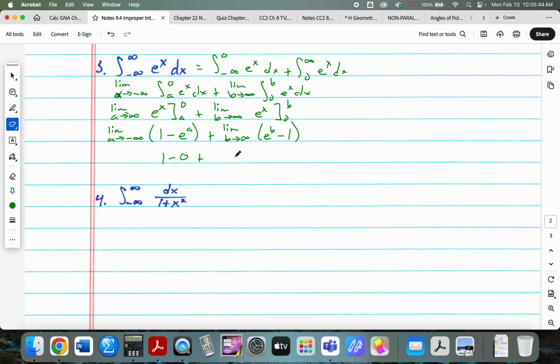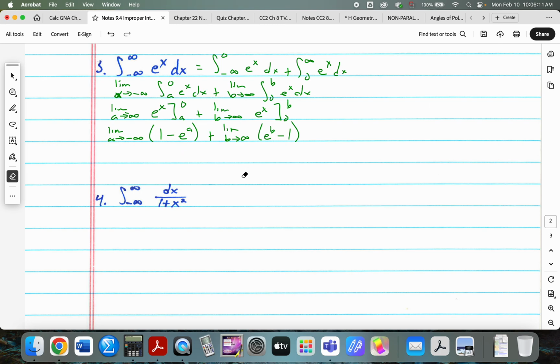and this limit does not exist, right? Because as b goes to infinity, this goes to infinity. Now, be really careful. Don't write plus infinity minus 1 like it's a number. Okay? I don't know if you actually get dinged for that on the AP exam.